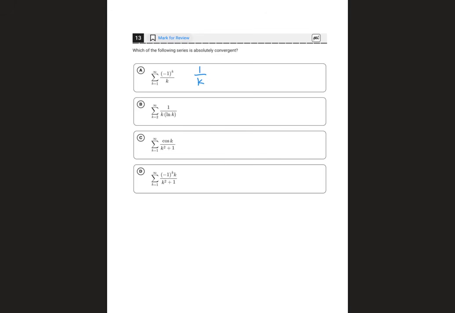So the next one is definitely divergent. You could do the direct comparison test with 1 over k.